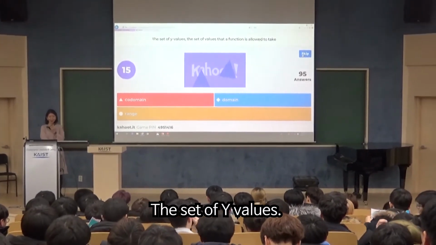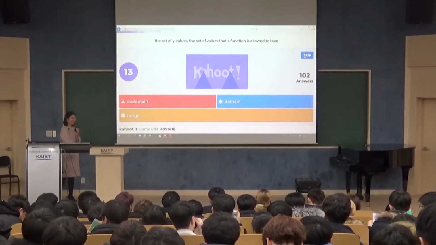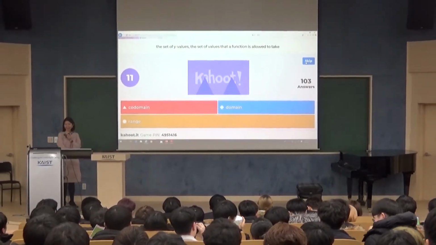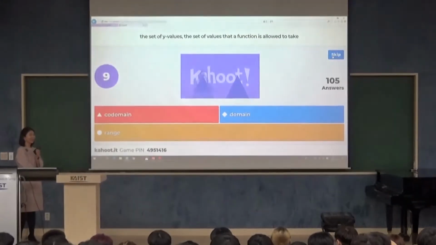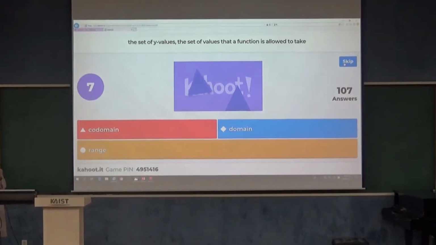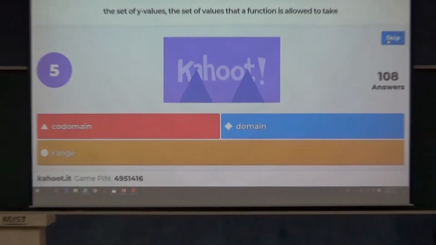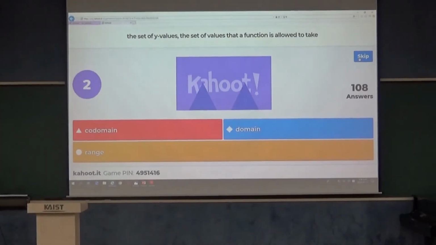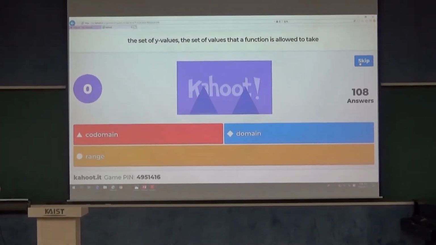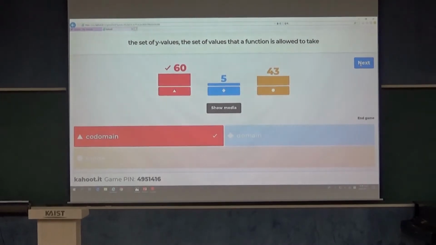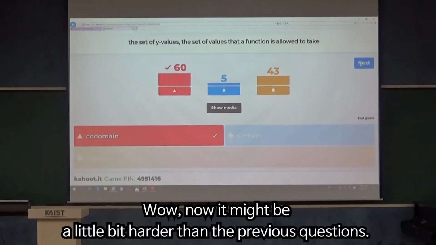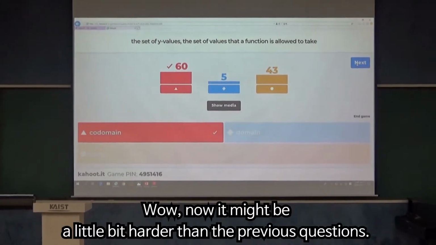The set of y values. Wow, now it might be a little bit harder than the previous questions, okay?